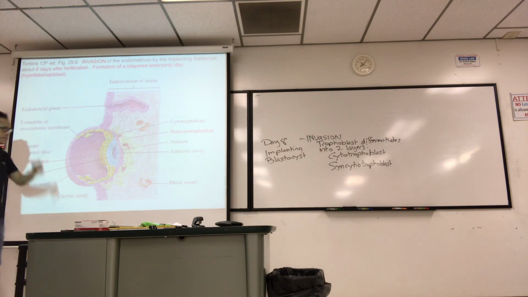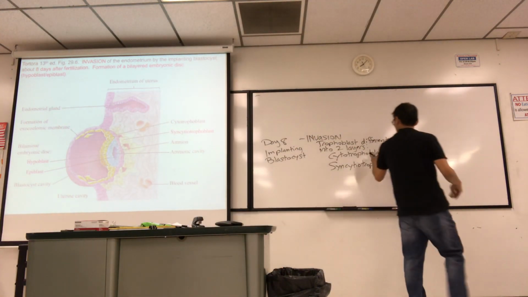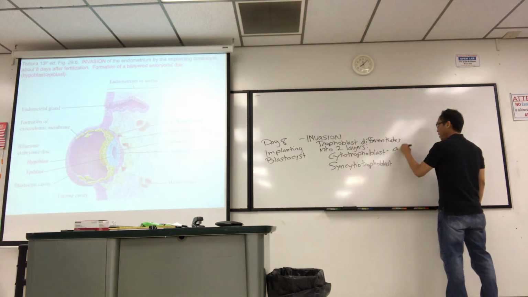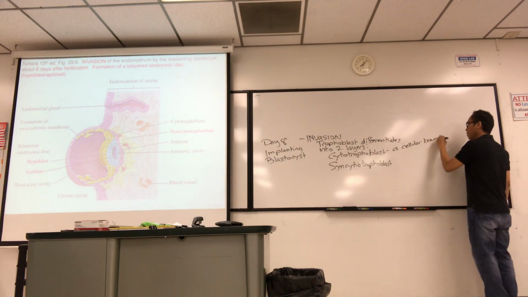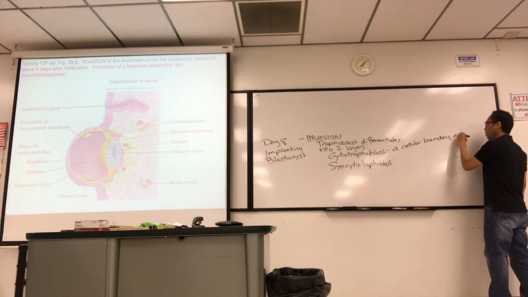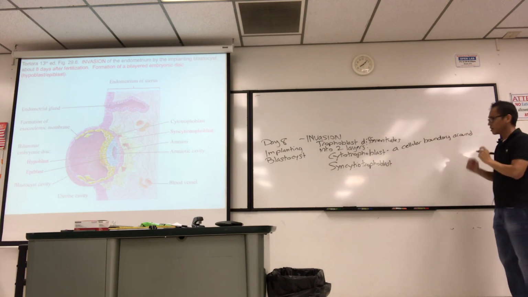Okay, let's check that. First thing I said, trophoblast, a cellular boundary around what's called the bilaminar embryonic disc.